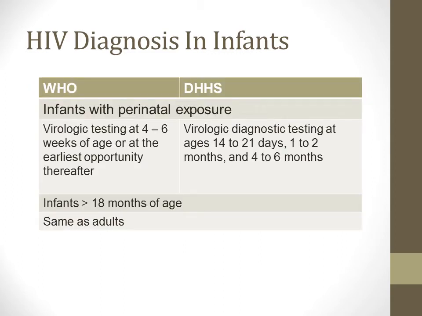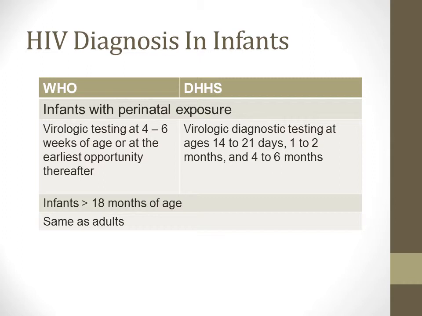The WHO recommends that if a child is born of an HIV infected mother, we do virologic testing at 4 to 6 weeks of age, or at the earliest opportunity thereafter. The DHHS, on the other hand, is more aggressive.